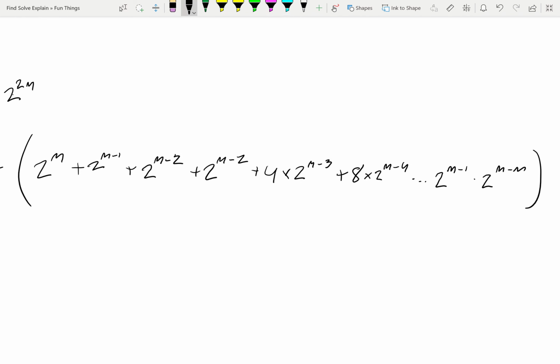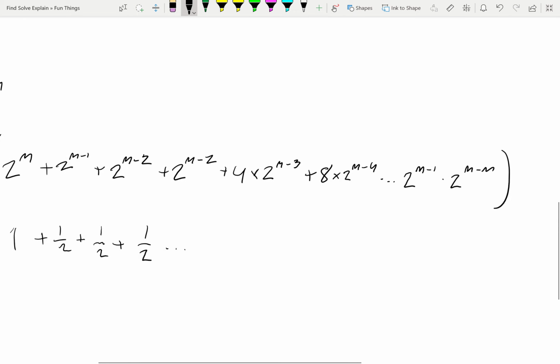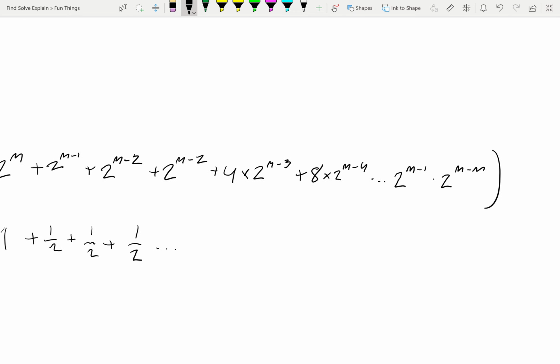So, now what does this actually total to? We have 1 in front, then we have a half plus another half plus another half. We actually have as many halves as it takes us to get to the m minus 1.